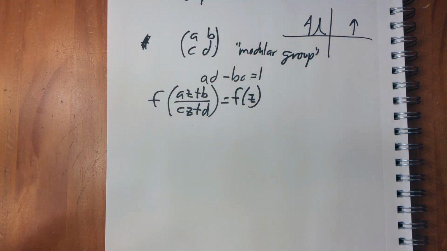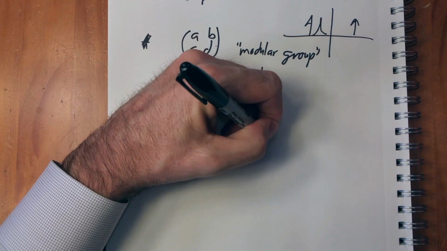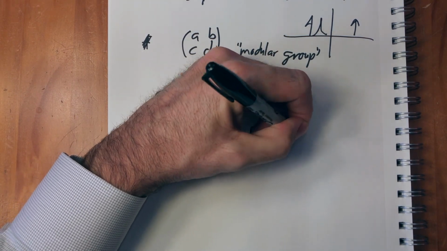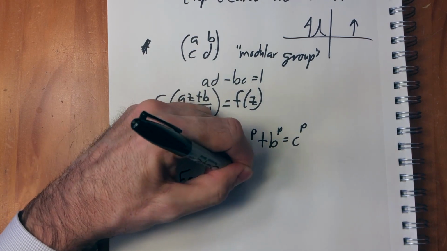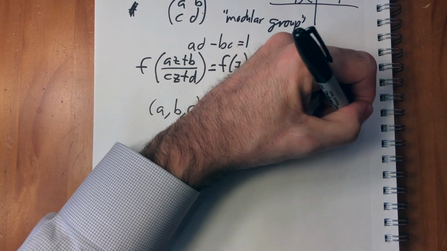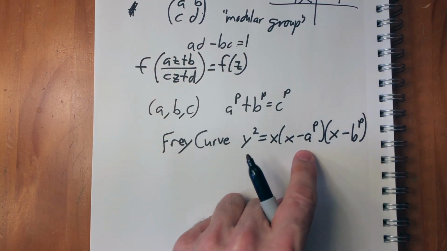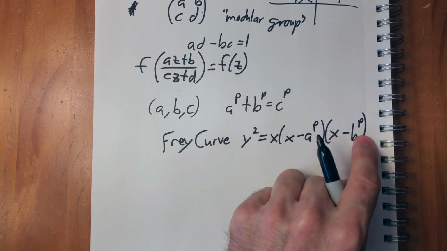And then what Ribet proved is that if you have a triple that is a non-trivial solution to Fermat's equation, where p is an odd prime, then the Frey curve, you can translate that into this kind of a curve, an elliptic curve with a to the p here and b to the p here. This is clearly an elliptic curve, right? It's just like the one we were just looking at, where it's x minus one thing, x minus another thing.